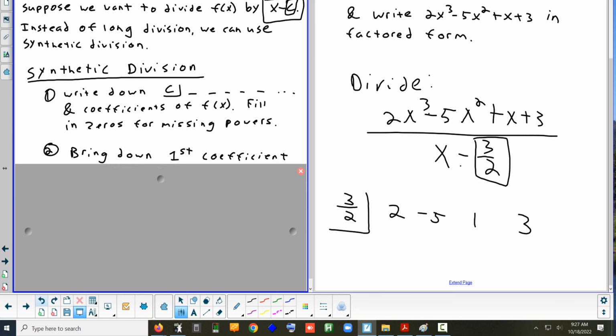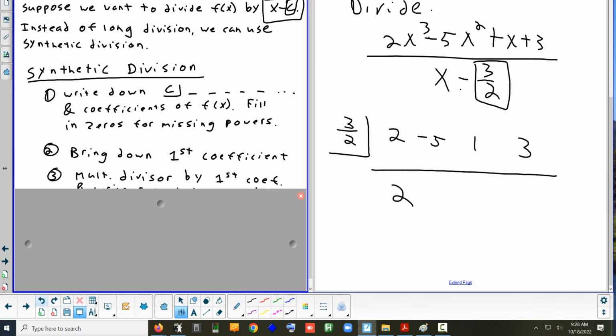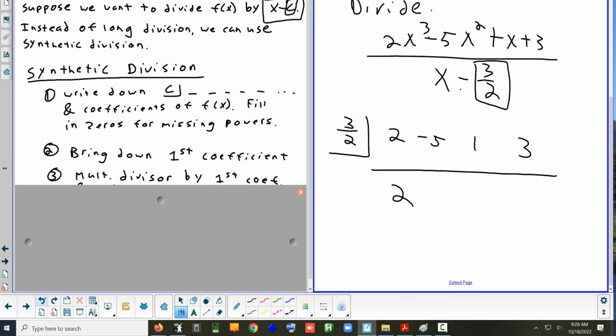Step 2. Bring down the first coefficient. So what you're going to do is put a line like that, leave a little bit of room, and bring down the first coefficient. That's step 2. Step 3. You're going to multiply the number on the outside by the number you just brought down.